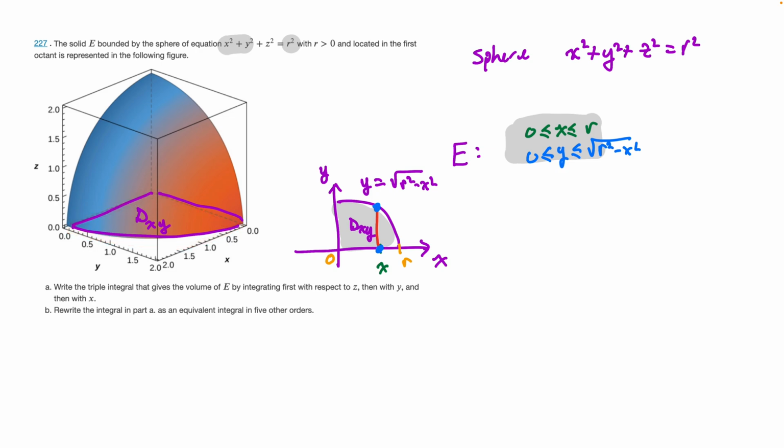Then if we want to produce this choice of x in our picture, remember that x's go from 0 to r, which in this picture r is equal to 2. And we've picked an arbitrary x, and then we've looked at a vertical line segment, and then found the smallest y value and the largest y value on that line segment.